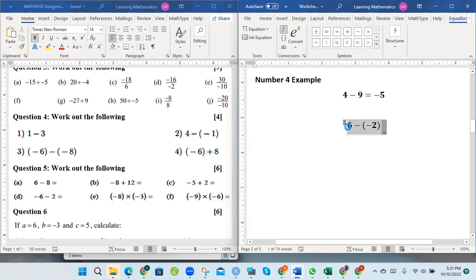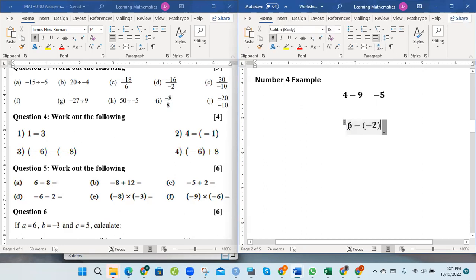Yes, you can do that. So this is a 6 and this. Now what is going on there? There is an invisible negative. There's an invisible 1. That sign belongs to a 1.